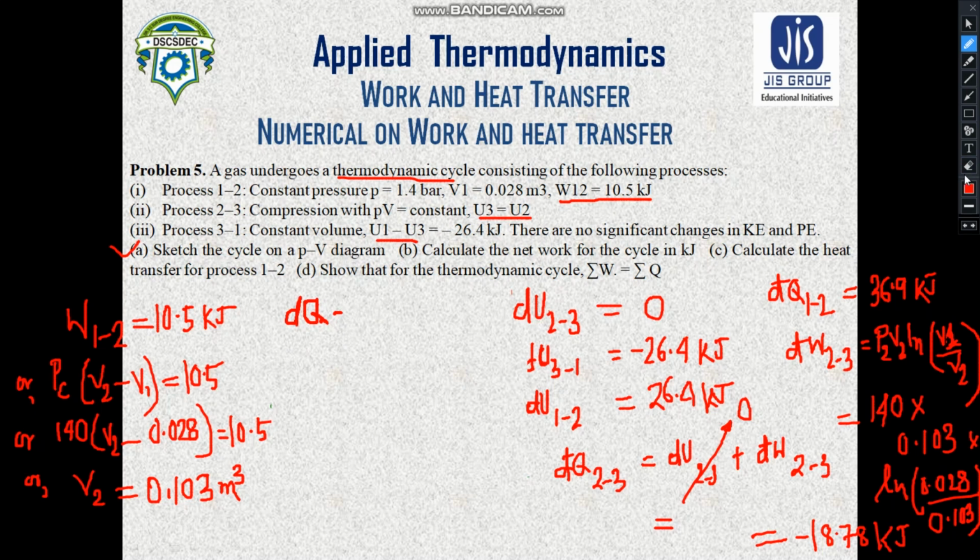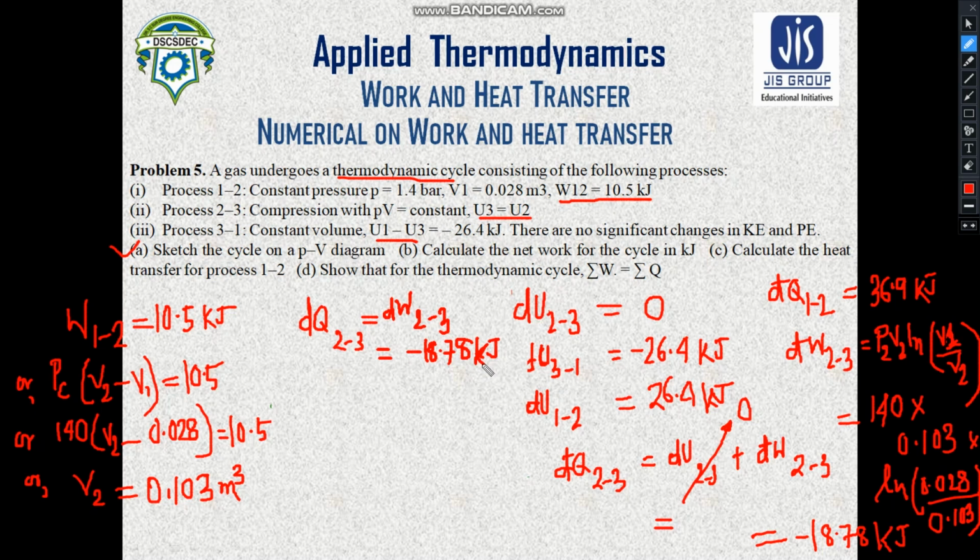So let me write once. So dq 2 to 3 will be equal to dw 2 to 3, which will be equal to minus 18.78 kilojoule, right?